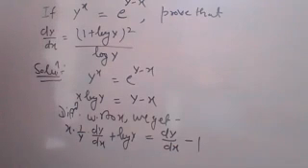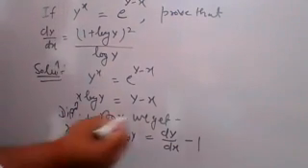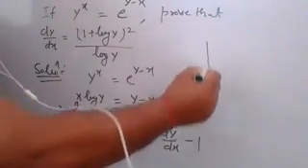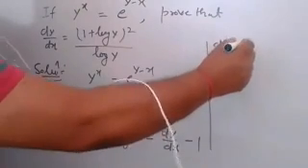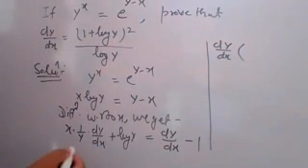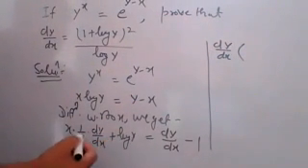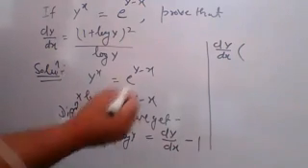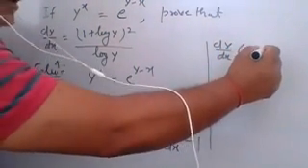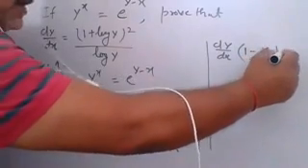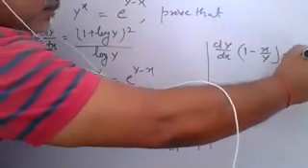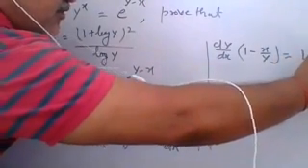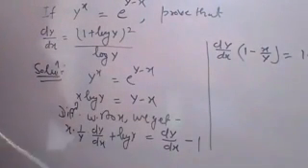Now taking dy by dx common, you have dy by dx into (1 minus x upon y) is equal to 1 plus log y.